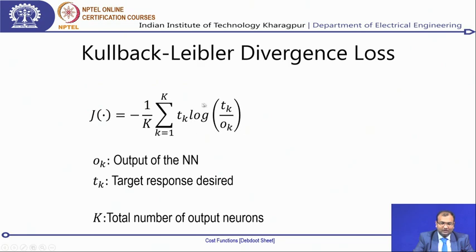There are other ones as well. You can take the Jensen-Shannon divergence loss, and what that would mean is that here, you weigh the probability with the mutual information. TK by OK is going to give you the mutual information content, and then you weigh it by TK, which is your target response.